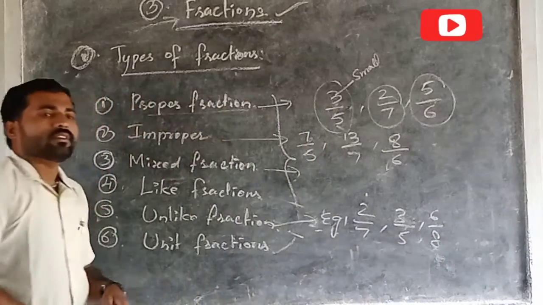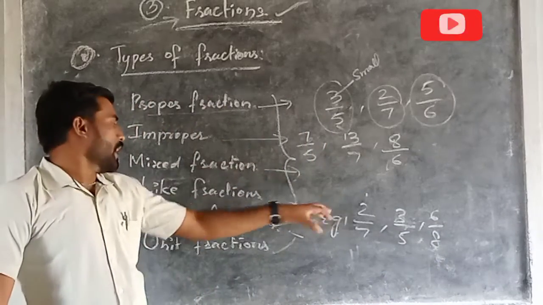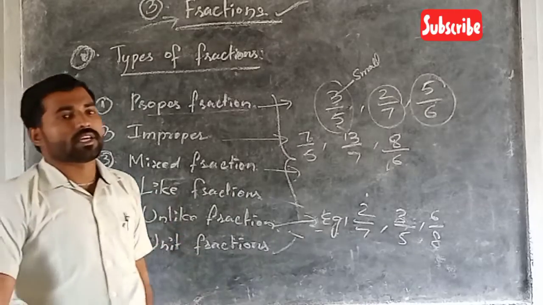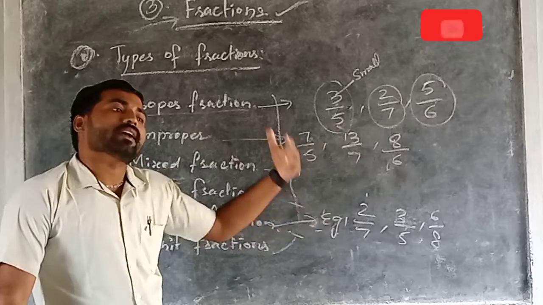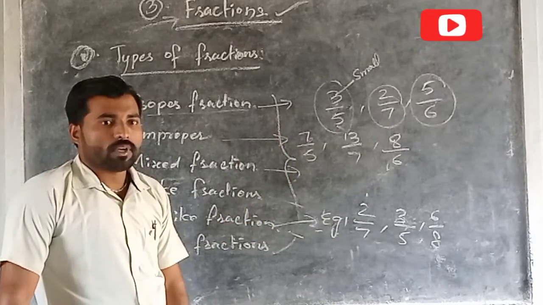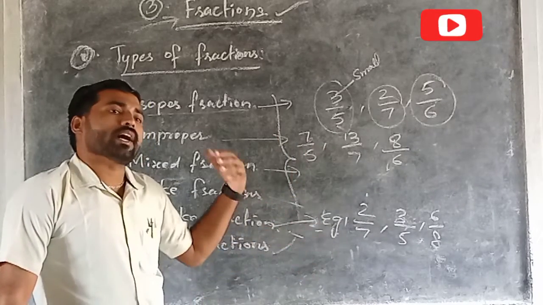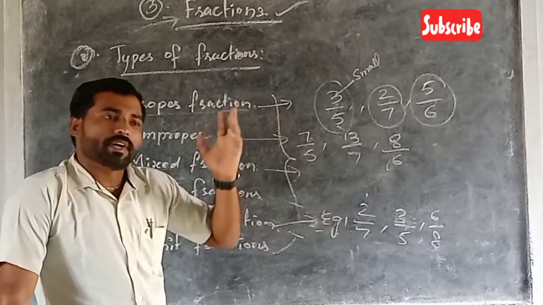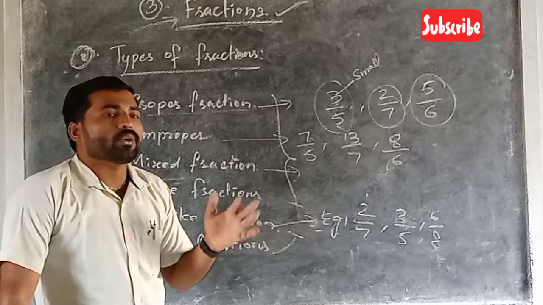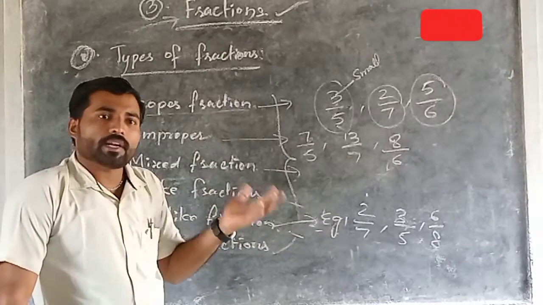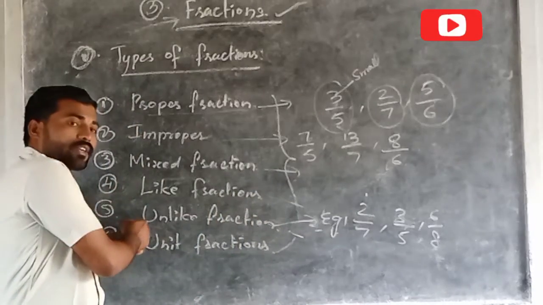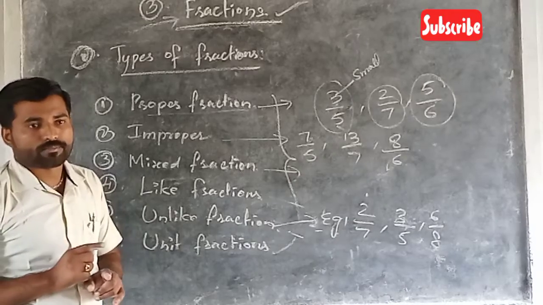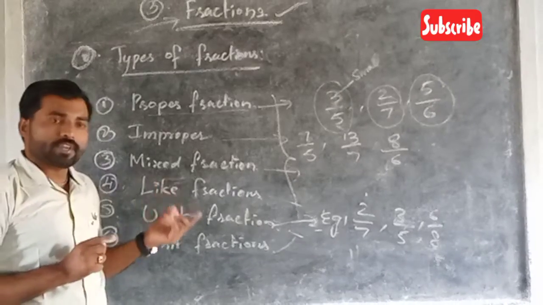This type of fractions is said to be unlike fractions because the numerators and the denominators are all different from each other. All of you, did you understand?